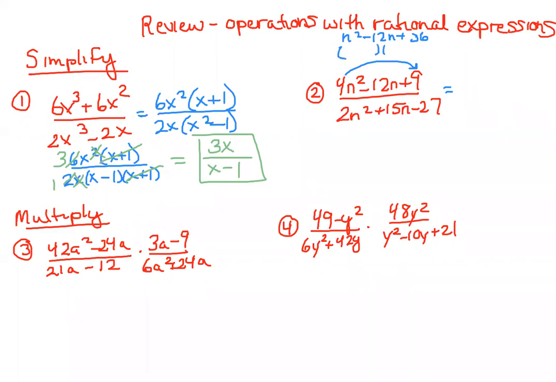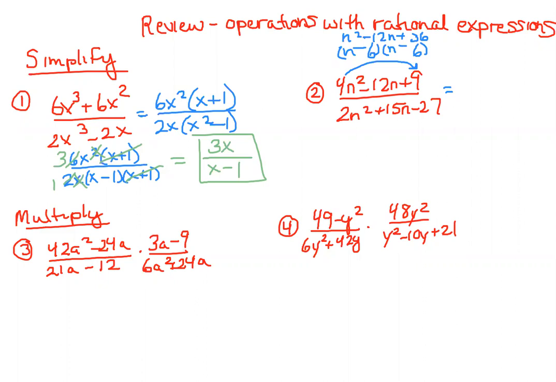And we're going to say what multiplies to give you 36 and adds to give you negative 12. Oh, it's going to be a 6. 6 times 6 is 36. Negative 6 plus negative 6 is negative 12.